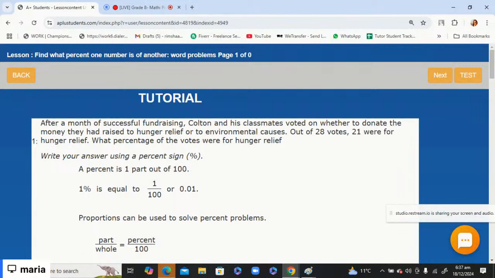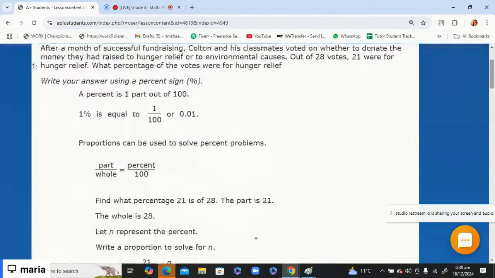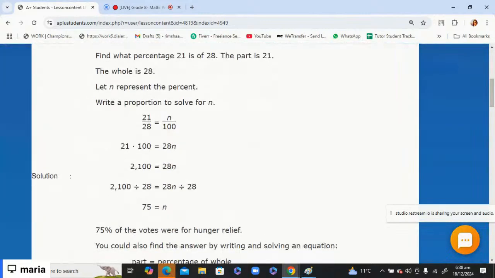So basically, part over whole equals percent over 100, that is n over 100. What is the part? The part is 21, the whole is 28, and the percent is n over 100.